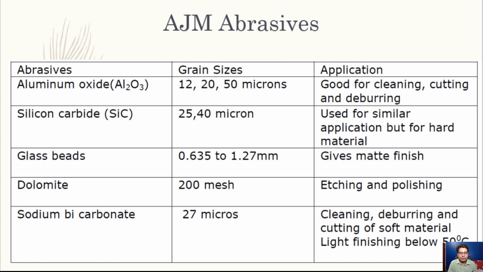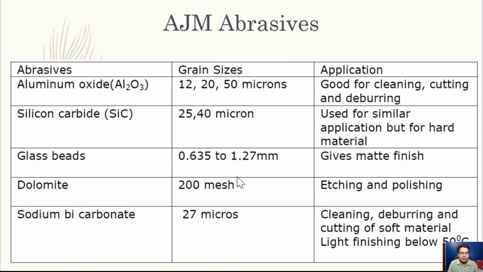Selection of abrasives largely depends on material removal rate, type of work material, machining accuracy, etc. Aluminium oxide of size 12, 20 and 50 microns may be used for cleaning, cutting and deburring applications. Silicon carbide, of 25 and 40 micron grit size, can be used for similar applications but for harder materials, as silicon carbide generally has a higher friability index.